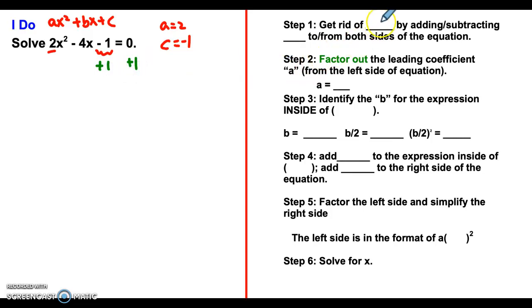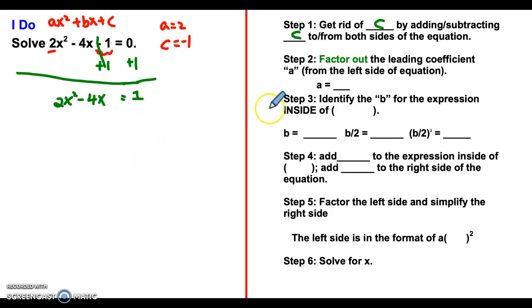So step 1 is the same thing as you did when the leading coefficient is 1. This will become 0, and you have +1 on the right side, and on the left side you have 2x squared minus 4x.